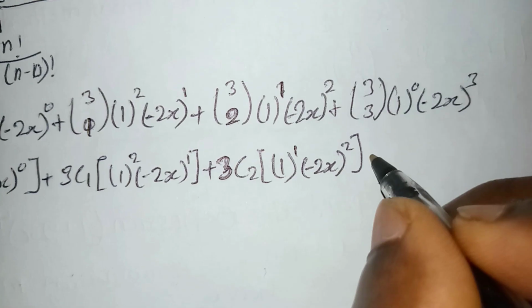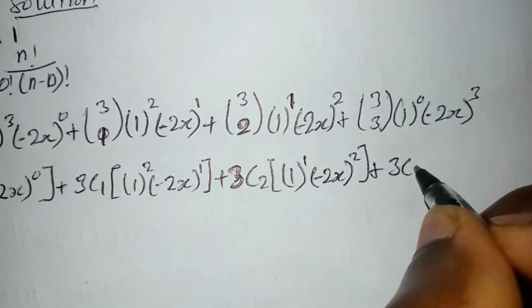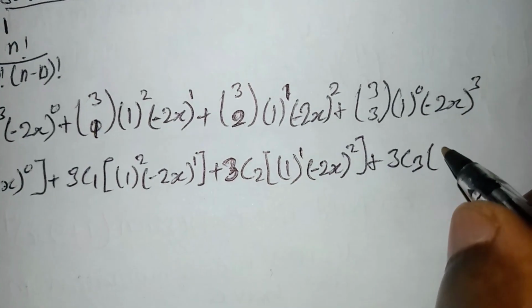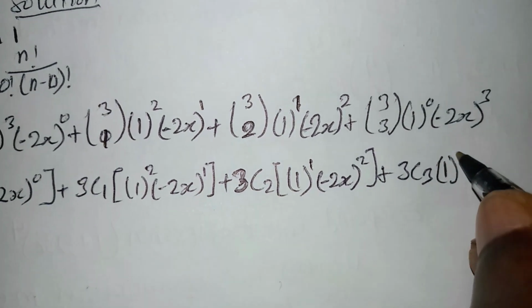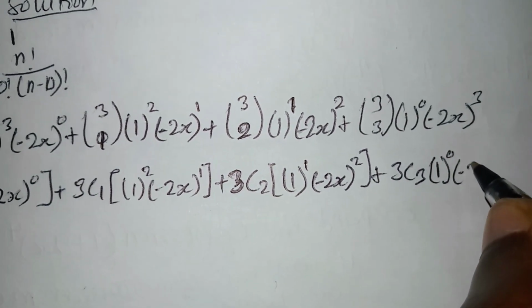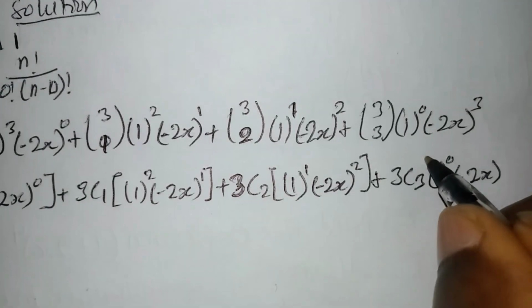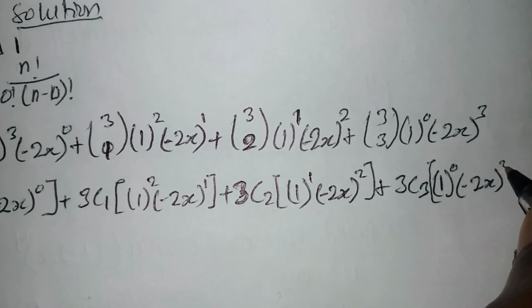Then the last term, 3 combination 3 multiplying with 1 exponent 0 times negative 2x exponent 3.